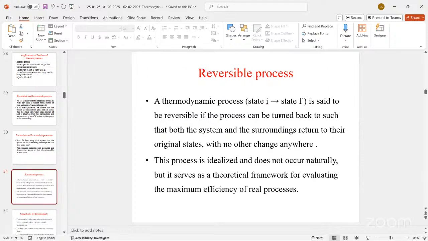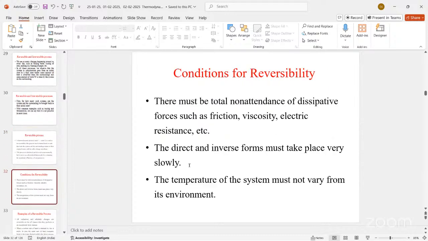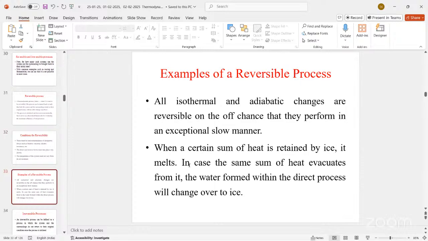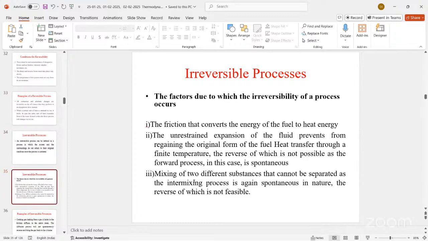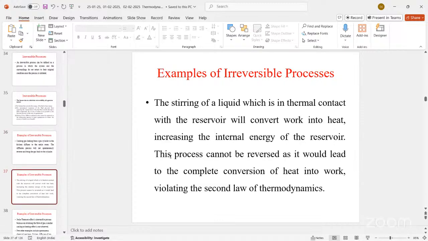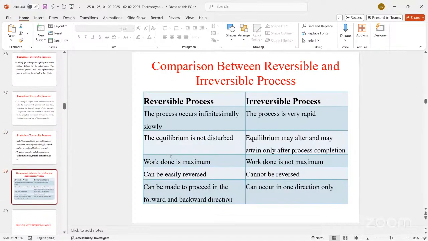What reversible means, the conditions of reversibility, and examples of reversible and irreversible processes, we discussed in the last five classes. This is the sixth class. A comparison between reversible and irreversible processes we also discussed in the previous class.